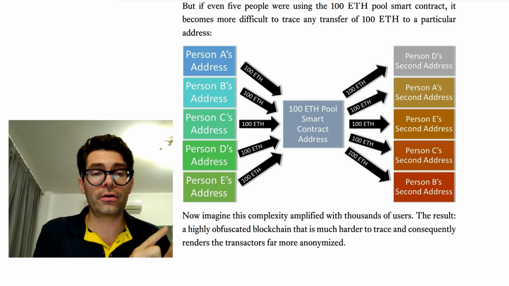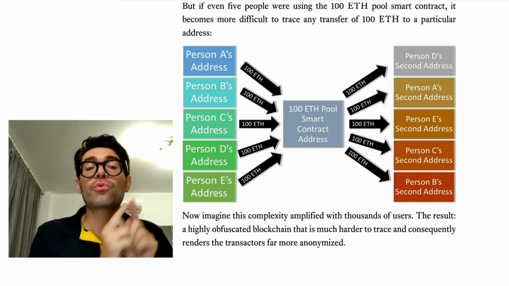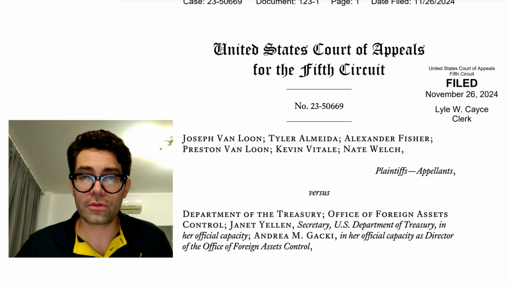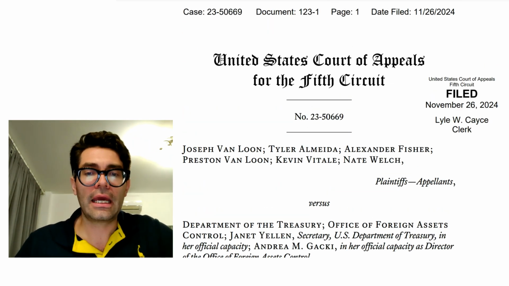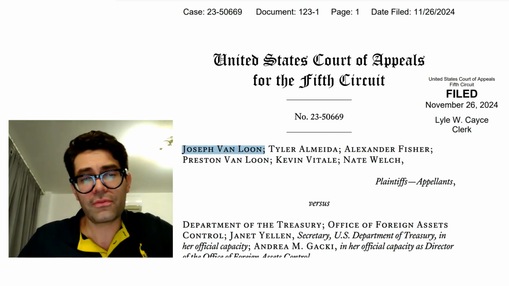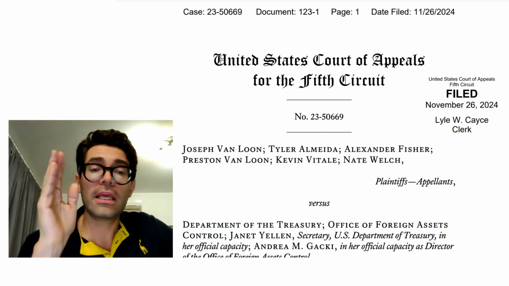And therefore, the US government cannot sanction it. And that's the reason the Court of Appeals of the Fifth Circuit has said, okay, gave Joseph Van Loon, one of the members of Tornado Cash, the reason that he was right.